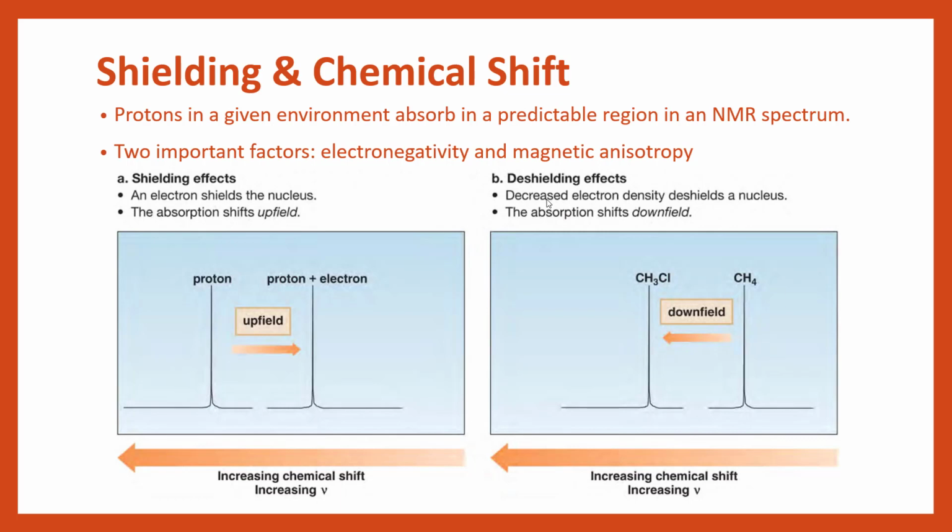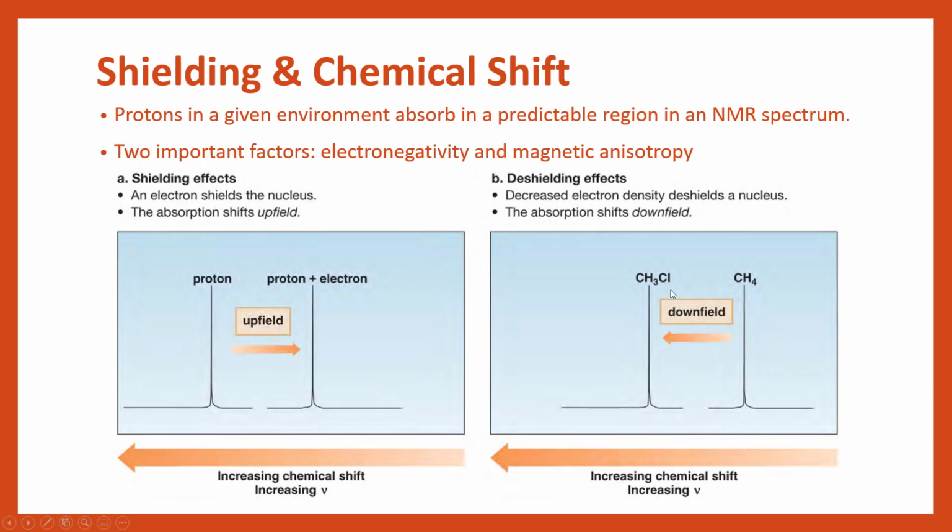If, for example, we compare these two groups, so you have a carbon surrounded by 4 hydrogens, and so we just have plain methane here. There's no difference in electronegativity here. There's no group bound to this carbon that is more electronegative, and we can see that it's further upfield.